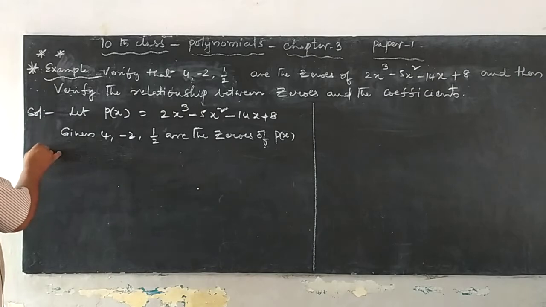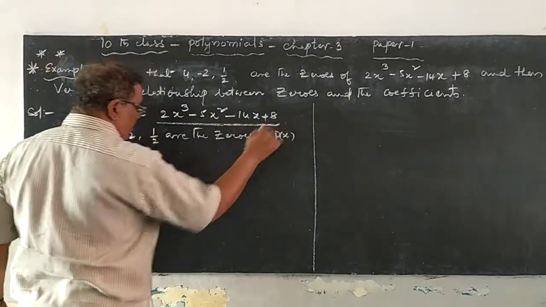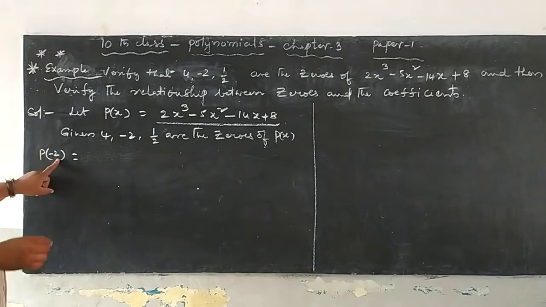That means we need to find first of all p of 4. Substitute in the given cubic polynomial p of x.